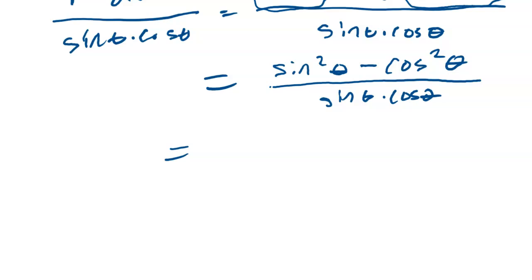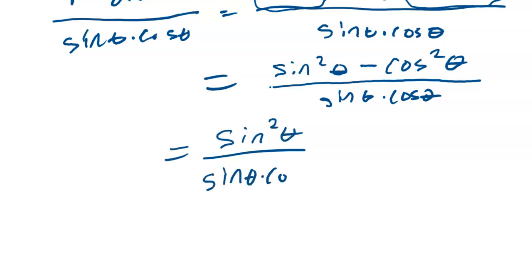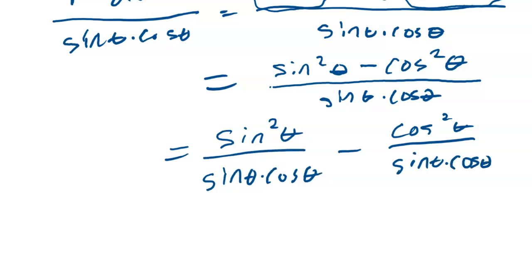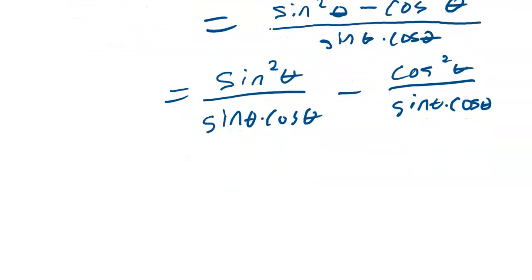So now we're going backwards. You're going to write these as two separate fractions: sine squared theta over sine of theta times cosine of theta, minus cosine squared theta over sine of theta times cosine of theta. Kind of just to review, if I were to write this as one fraction, I'd keep the denominator and subtract the numerators.